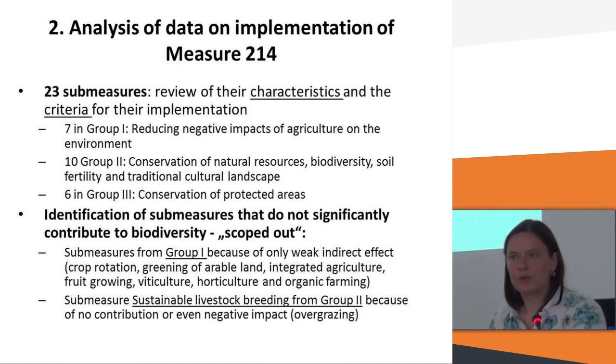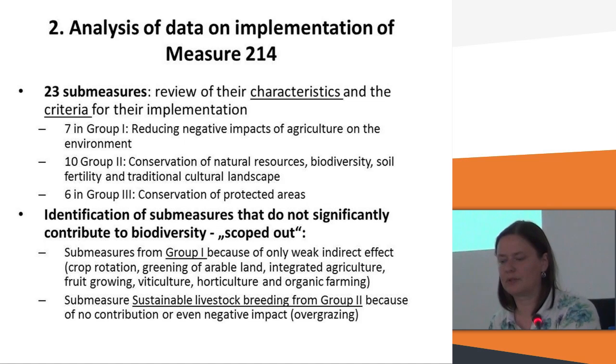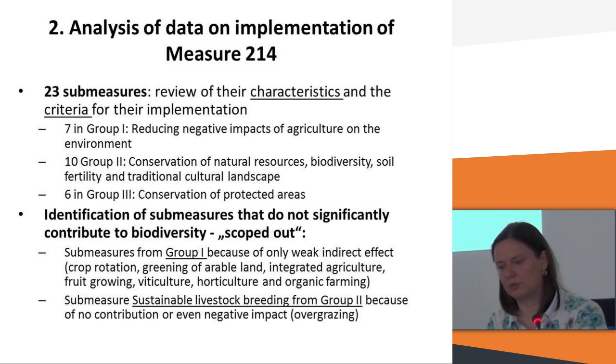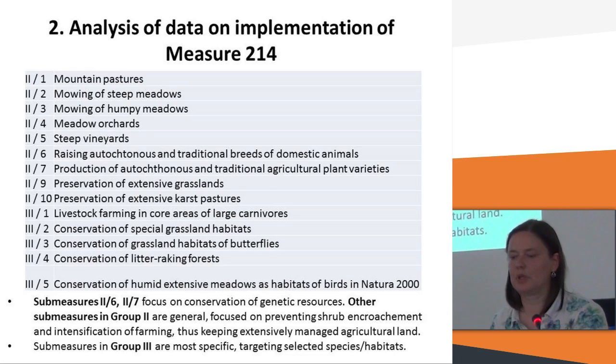These were more broad measures, still, but focusing also on conservation of biodiversity, while Group 3 was really specific, focusing on conservation of biodiversity, mostly in protected areas. So this was our focus.